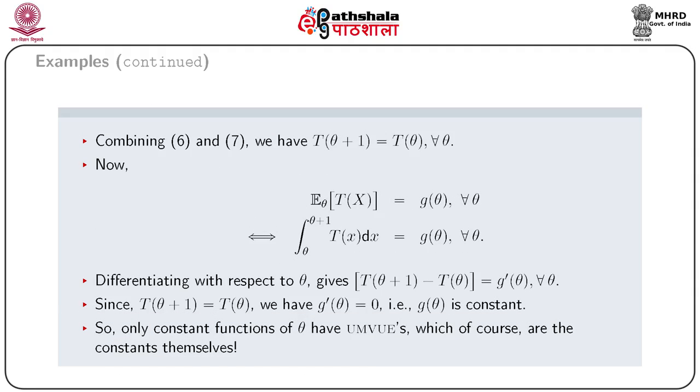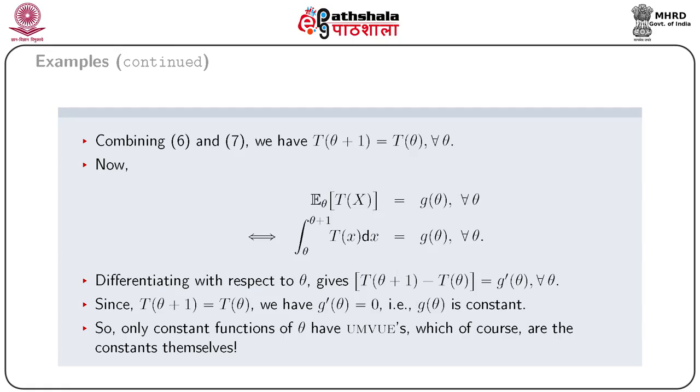Comparing 1 and 2, we get t(theta plus 1) equals t(theta) for all theta. Now, expectation of T equals g(theta) for all theta, which implies the integral from theta to theta plus 1 of t(x) dx equals g(theta) for all theta.